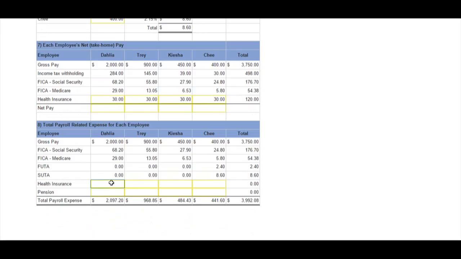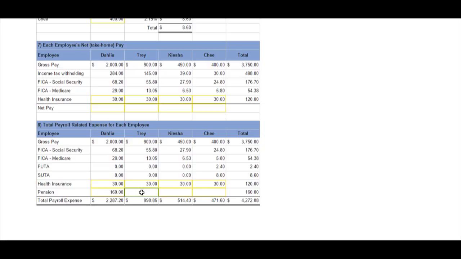Part 8 asks you to calculate the 8% that the employer contributes to a pension for each employee. For Dahlia, it's 8% of $2,000, or 160.